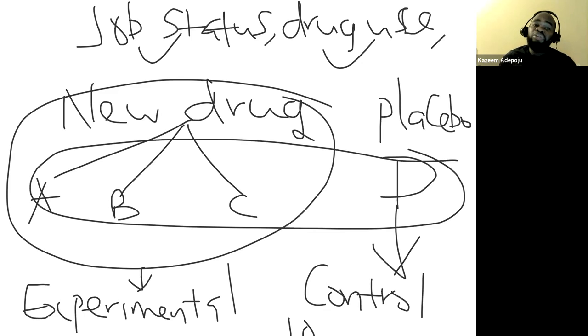They are not of primary interest to you, but you want to control them in the process of looking at the effect of the drug on depression.